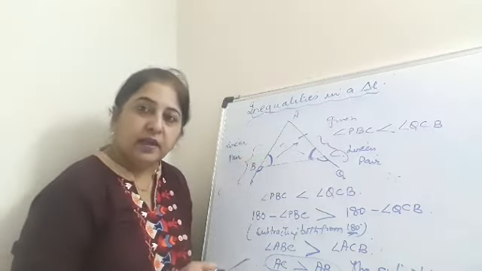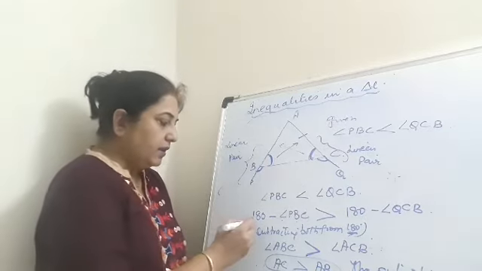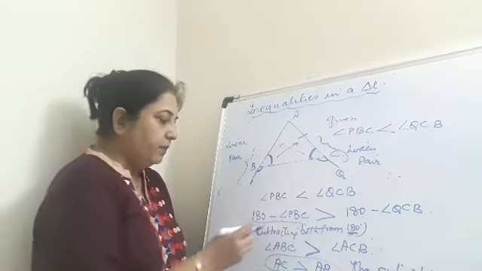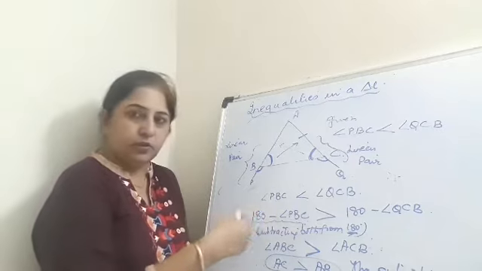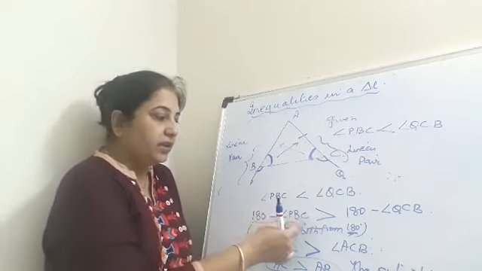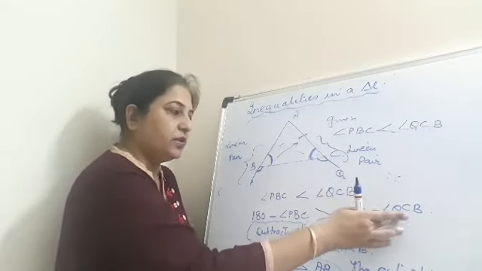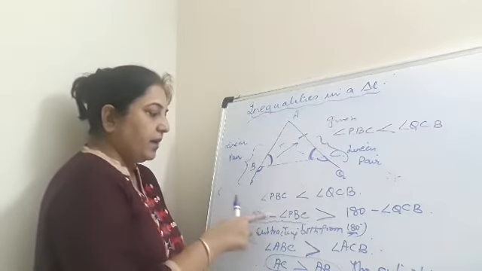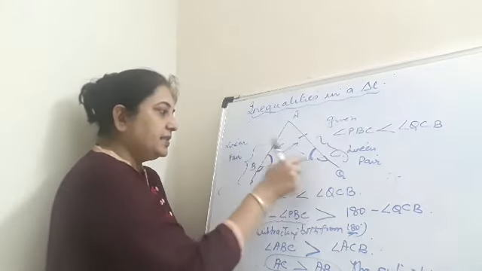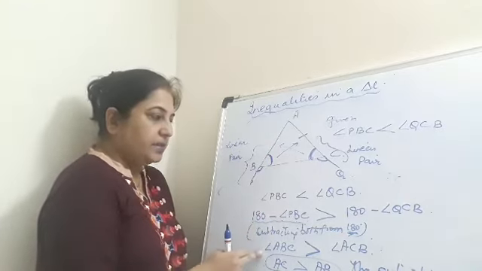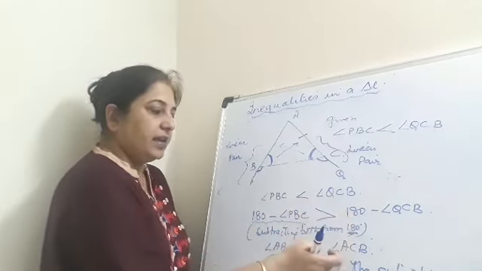And how will we prove that? By subtracting both the angles from 180. So 180 minus PBC and 180 minus QCB. I know that 180 minus PBC is angle ABC, and for this side I can write angle ACB.